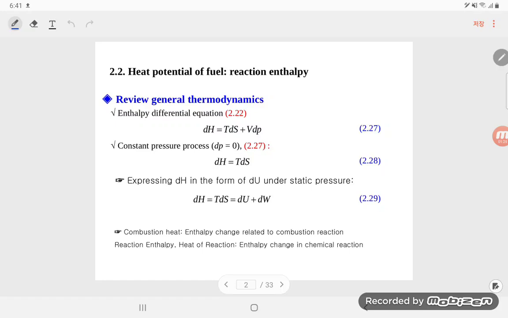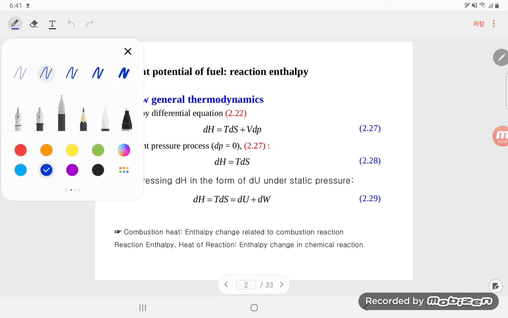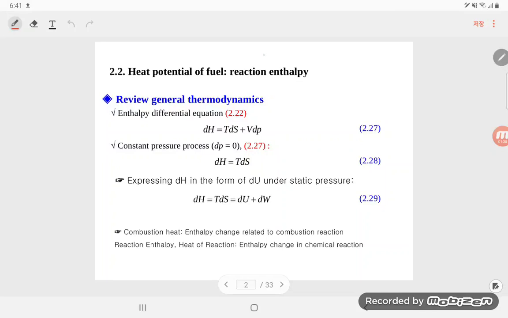Okay. And the heat potential of fuel has a relationship with the reaction enthalpy. So reaction enthalpy is related to heat, right? So how can we express dH?